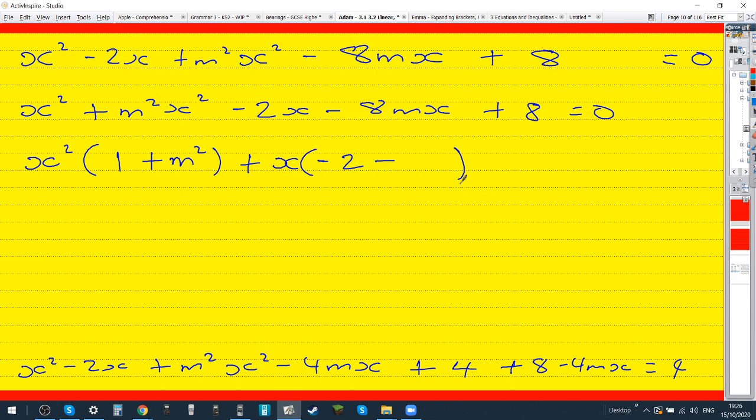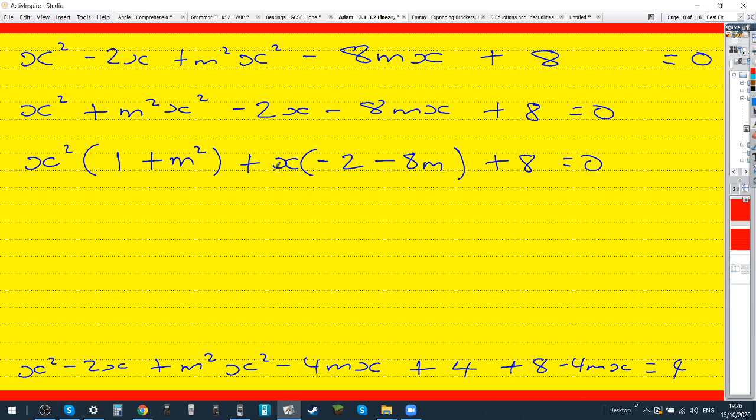Wait, I don't understand this. Can you explain it, please? This question, I think it's a bit much. So for the first one I factorized out x squared. For the second one I factorized out x. And so they both have x in common. Oh, so it's the one that's in common. Kind of.